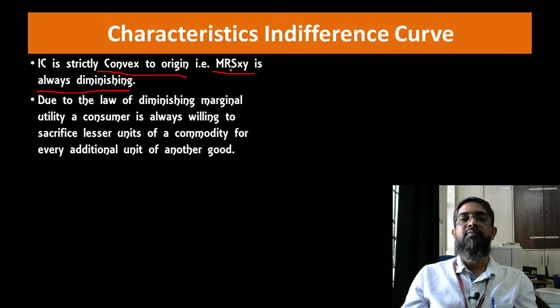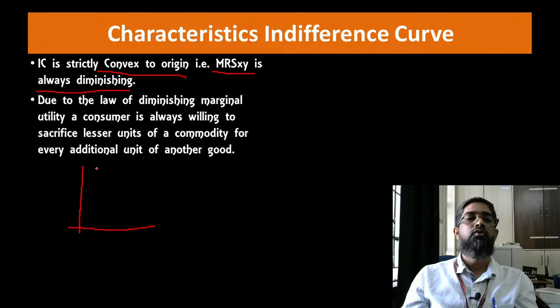Marginal rate of substitution is always diminishing. So this will make your indifference curve convex to the origin. Like this it will come. This is your origin and it will be convex. The convexity will be towards this origin point.